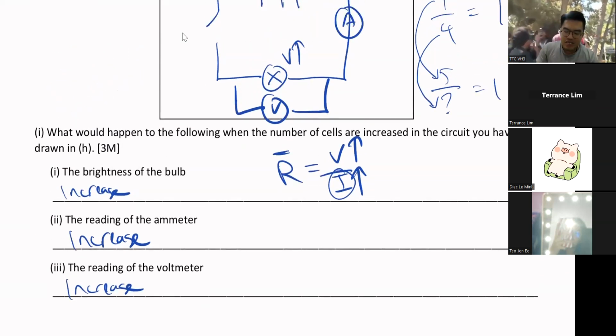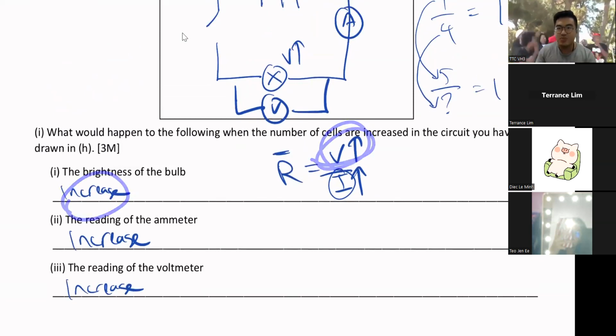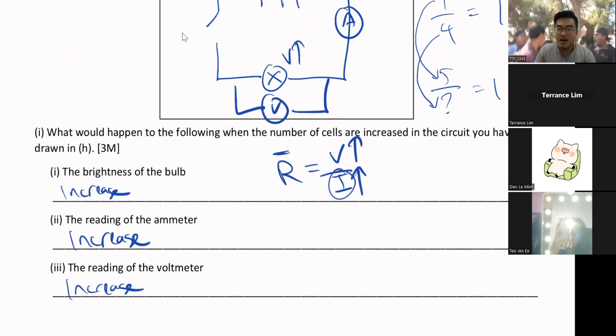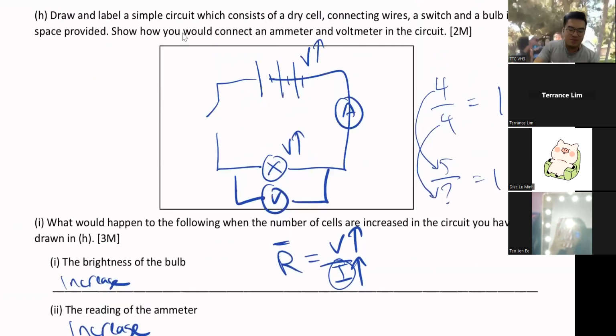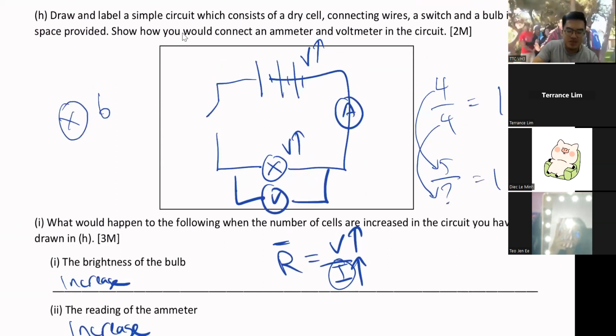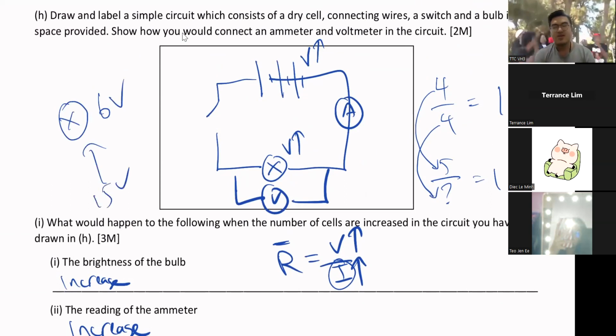Because anything over, right? I have students asking me, sir, since I increase more batteries, my light bulb will be brighter, right? Then I'll just put 20 batteries. Yeah, it works, but if a bulb can take a maximum of 6 volt, and you put 10 batteries and make it 15 volt, what's going to happen to the light bulb?